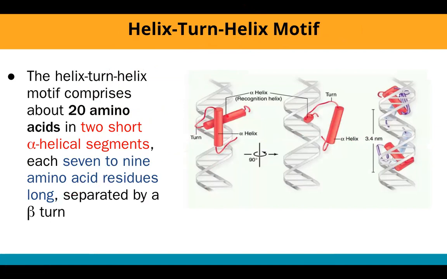Each alpha helix has 7 to 9 amino acid residues, and they are separated by a beta turn. Now remember, a beta turn is not a beta pleated sheet. This is a turn.